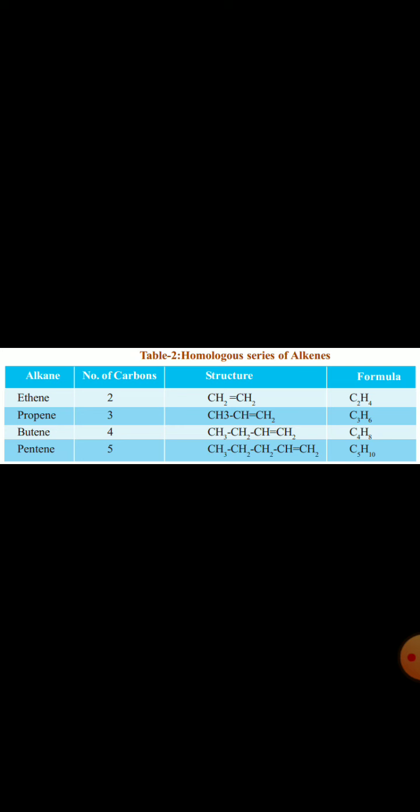The difference is CH2. So the general formula for alkene is CnH2n, where n means the number of carbon atoms. You will find this on page number 67 in your textbook. Remember, the general formula for alkene is CnH2n. If you remember this general formula, you can easily write the compounds.